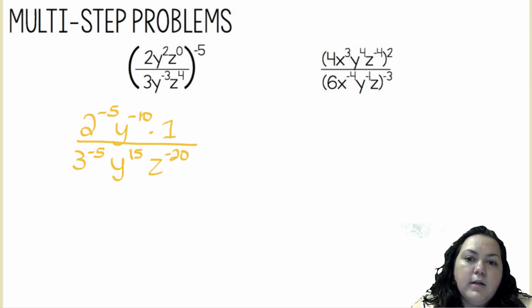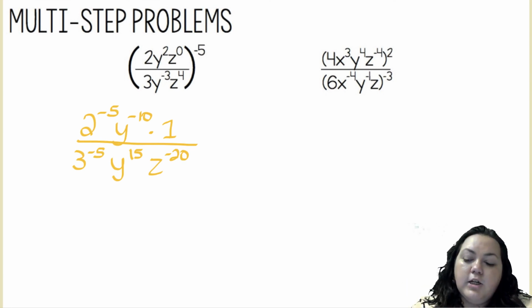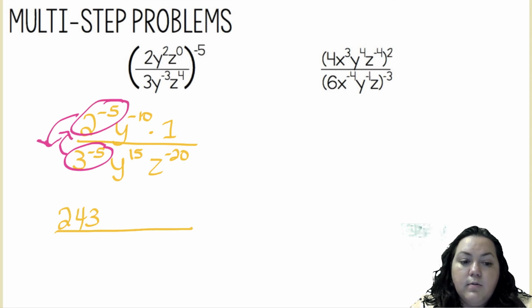Now I'm going to take all the negative exponents and move them to the top or move them to the bottom to change it and get rid of the negatives. So that one's going to go up, that one's going to go down. So I'm going to have 243 when I did 3 times 3 times 3 times 3 times 3 over 32 when I did 2 times 2 times 2 times 2 times 2.